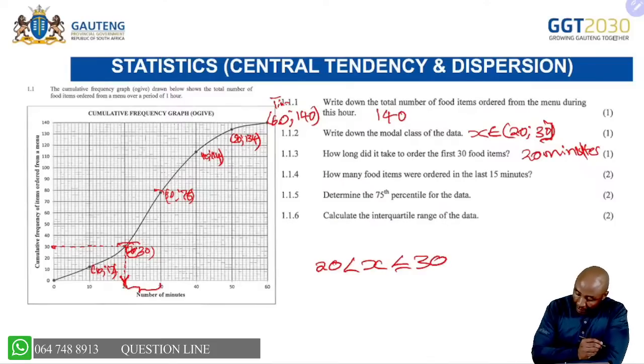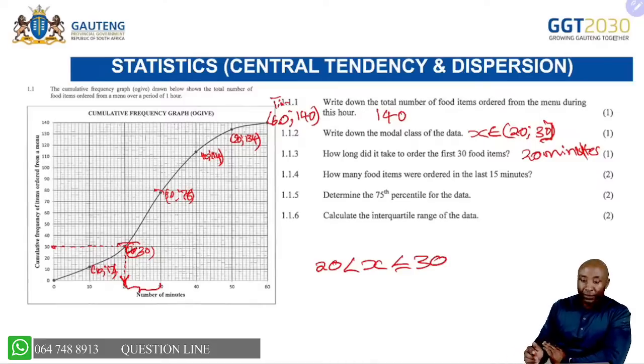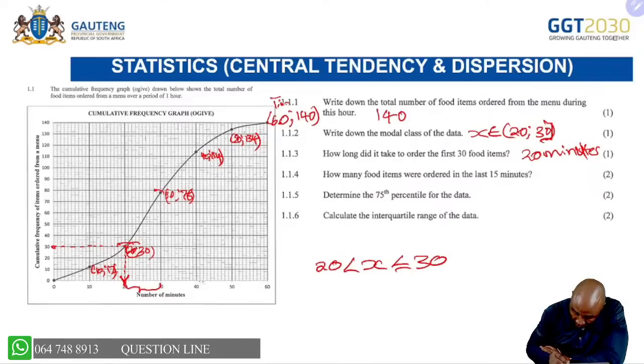We move on. How many food items were ordered in the last 15 minutes? These are the questions where we normally lose marks. The last 15 minutes. 60 minus 15 should give us 45. So you come on your x-axis and look for 45. 1, 2, 3, 4, 5.